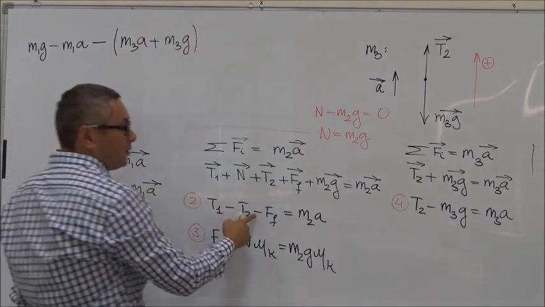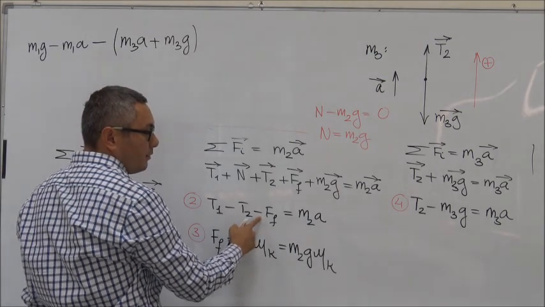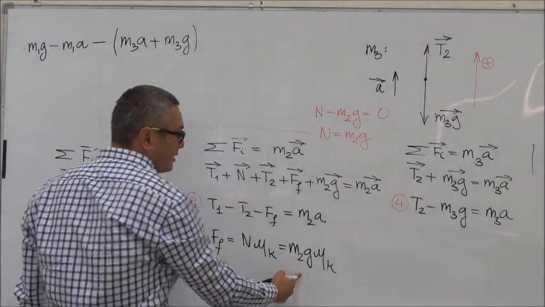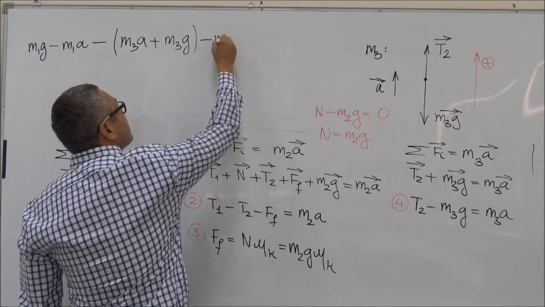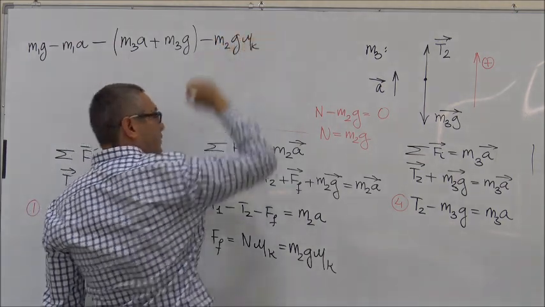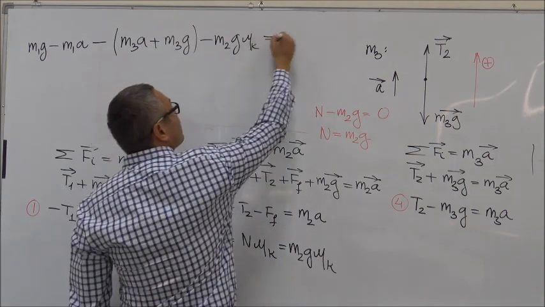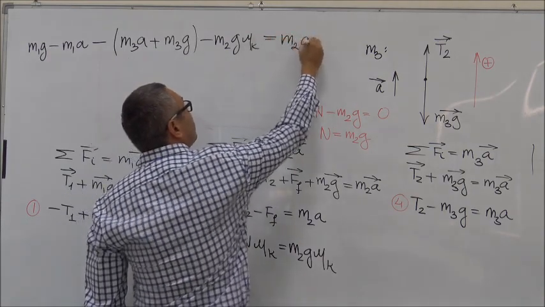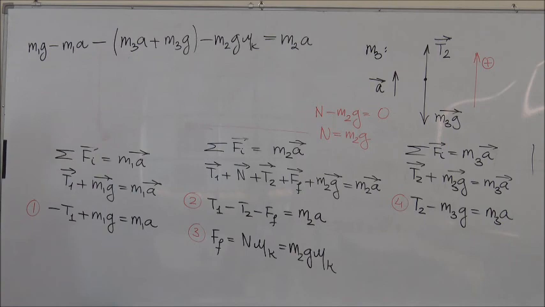And now the friction force. So minus the friction force, and we know that the friction force is minus m2 g mu k. And this is equal to m2 a.